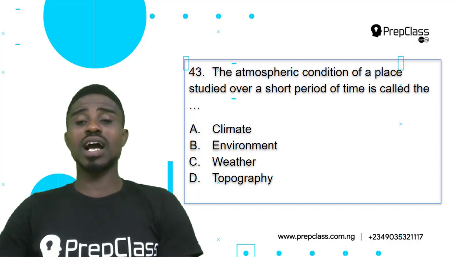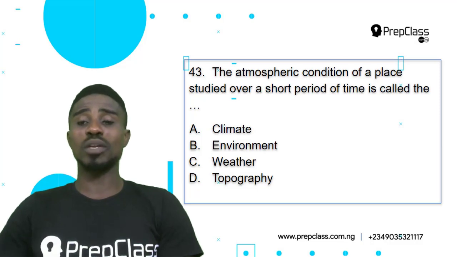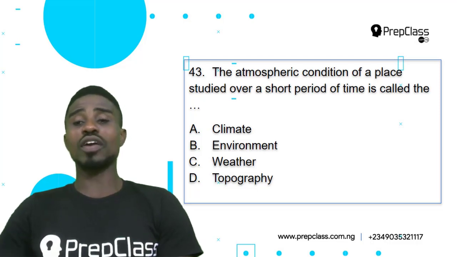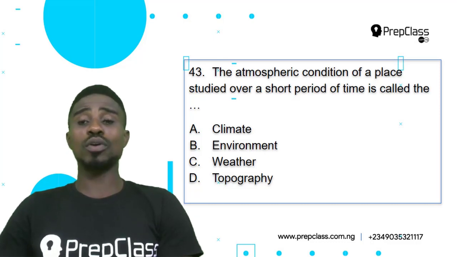Now, climate has to do with the atmospheric condition of a place over a long period of time, or the normal atmospheric condition of a place, the regular atmospheric condition of a place. So that's climate. The atmospheric condition of a place over a long period of time, or the usual atmospheric condition of a place. So climate is not our correct answer.